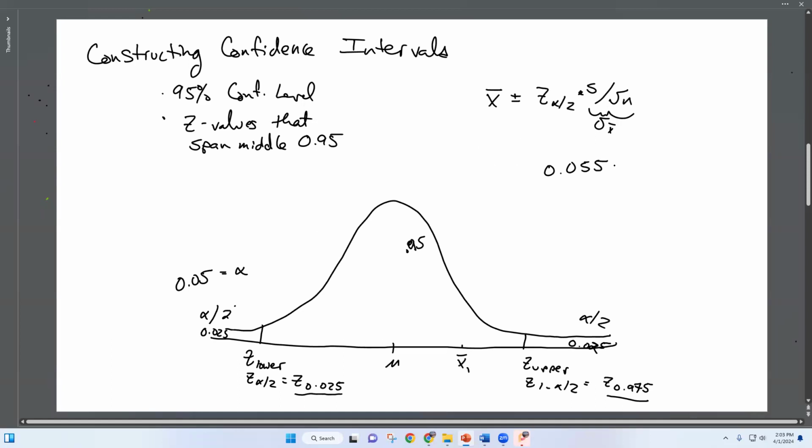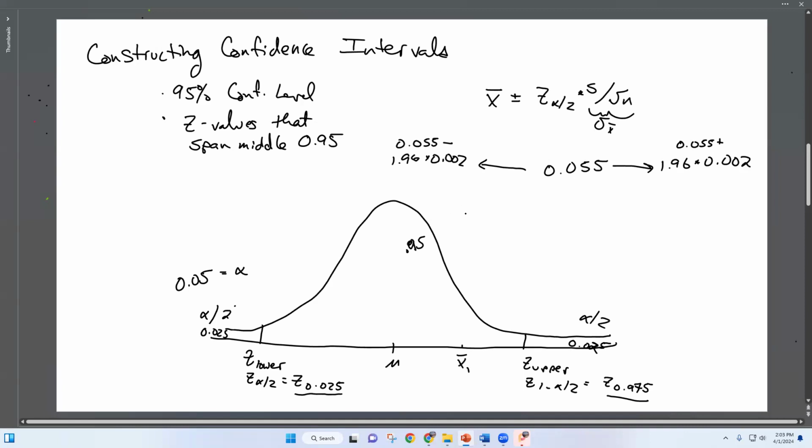0.055. And then on this side we'll do 1.96 times 0.002. That was our s over square root of n. So this will be 0.055 plus, and this will be 0.055 minus 1.96 times 0.002.